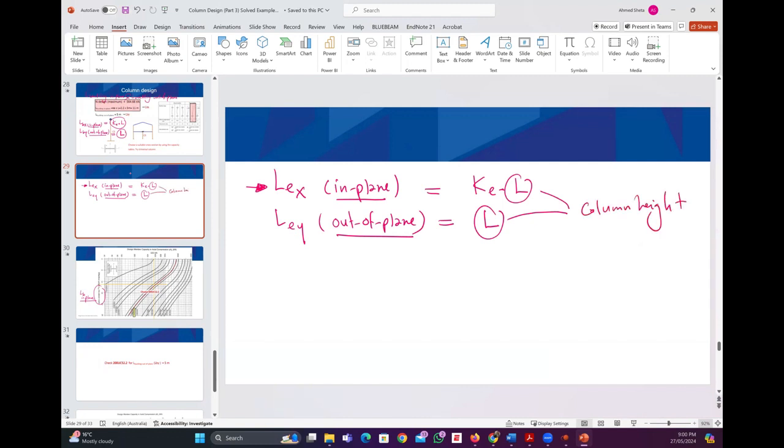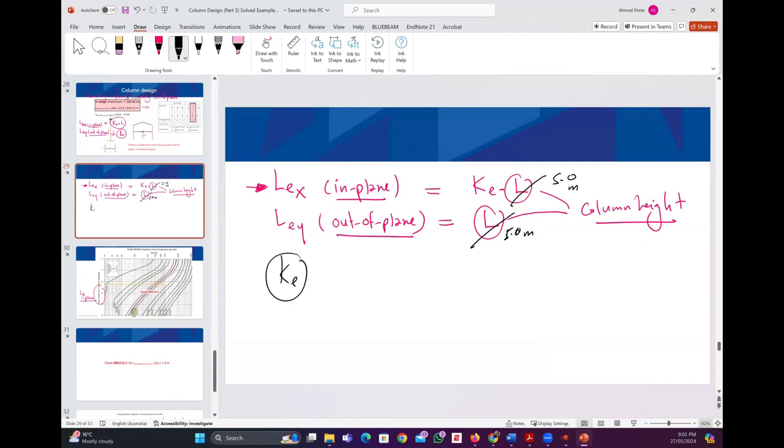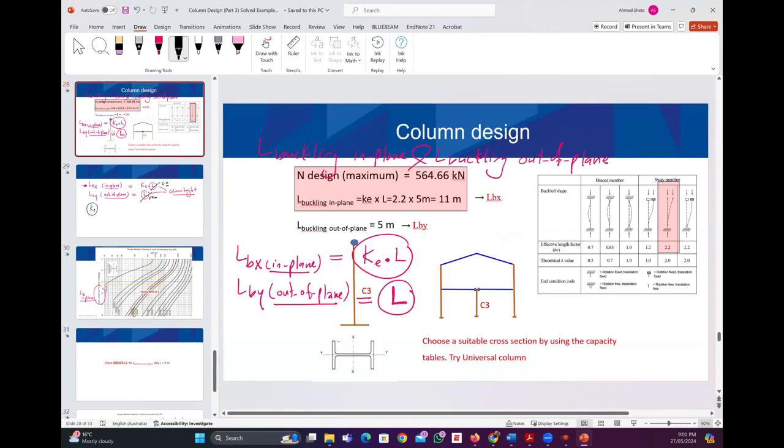How much is the column height in this example? 5 meters. So what we need to know now is how much K effective is. In the last tutorial, we did some calculations using the charts, but the standard gives us some simple values.